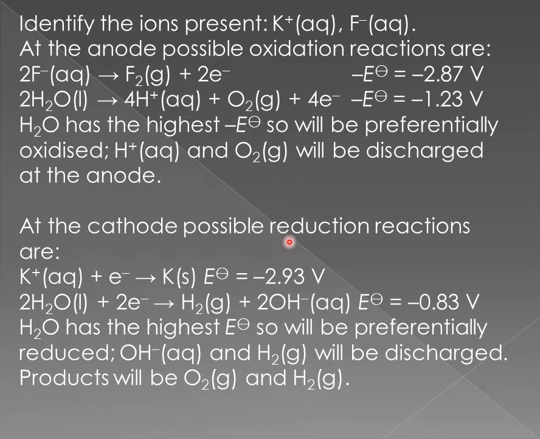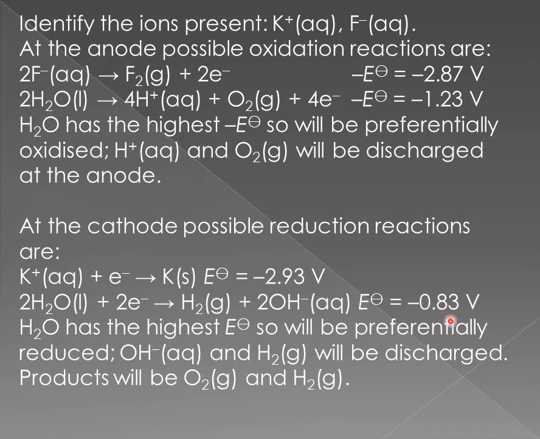At the cathode, possible reduction reactions are: potassium ion will be reduced, and the water molecule also will be reduced. To compare the numbers, we will find that the standard electrode potential of water is higher than the value of potassium.